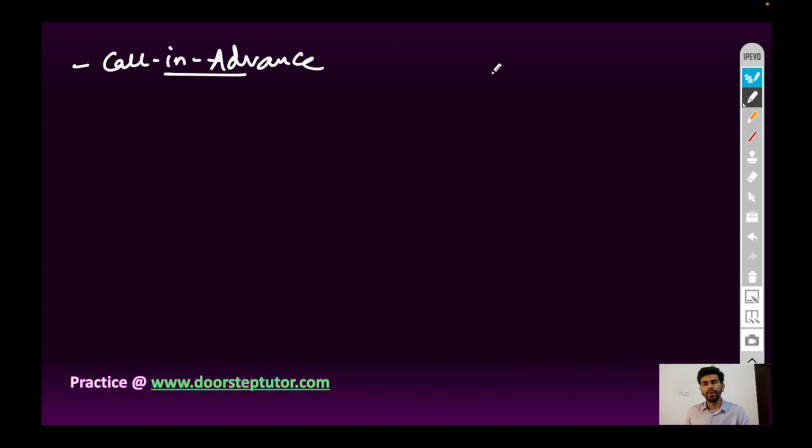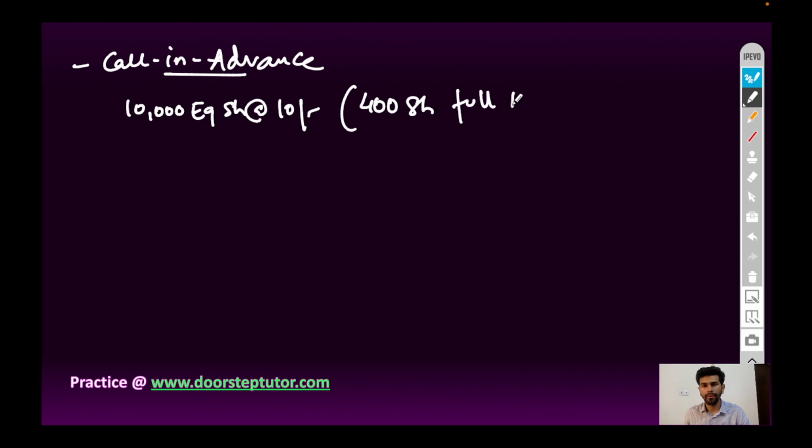So the next concept is call in advance. It means one of the applicants has given call money in advance at the time of allotment, along with allotment. For example, the company has issued 10,000 equity shares of 10 rupees each, and one applicant with 400 equity shares has paid the full money at the time of allotment.